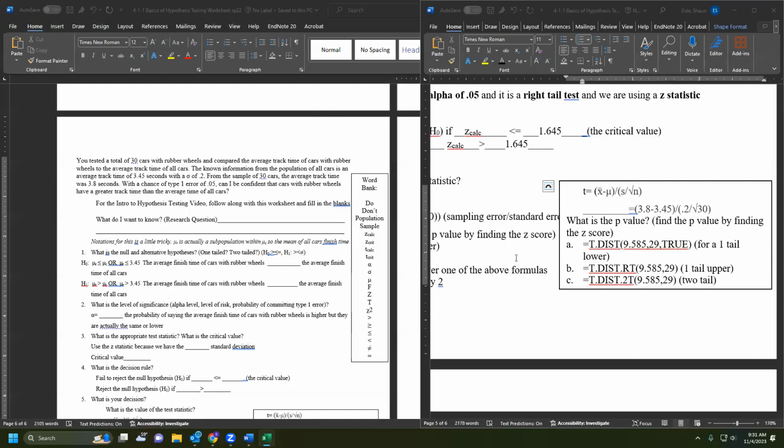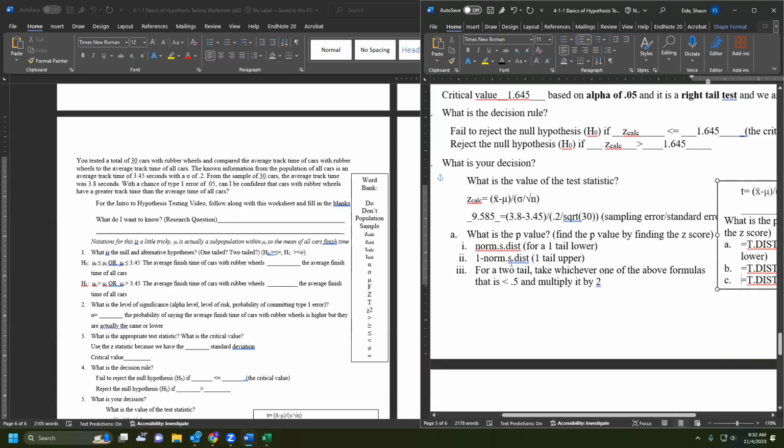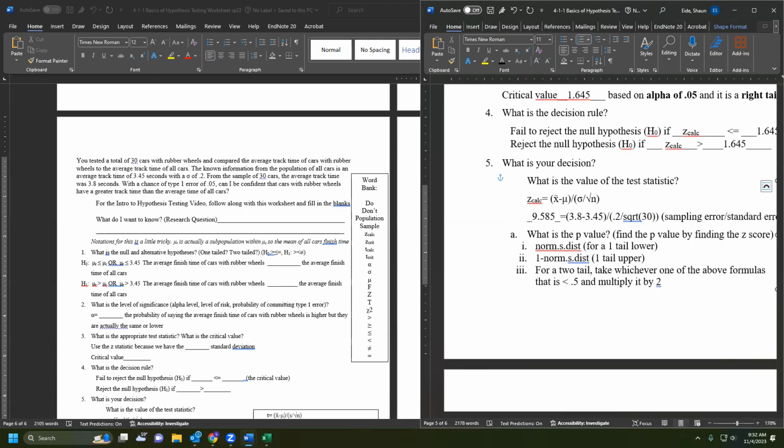Okay, but looking at the z-value, it's a very similar thing.